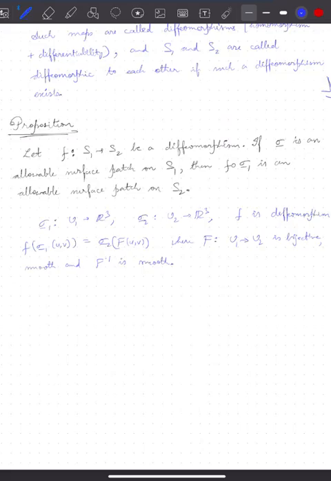And the rest follows from this. It implies that F is a transition map.